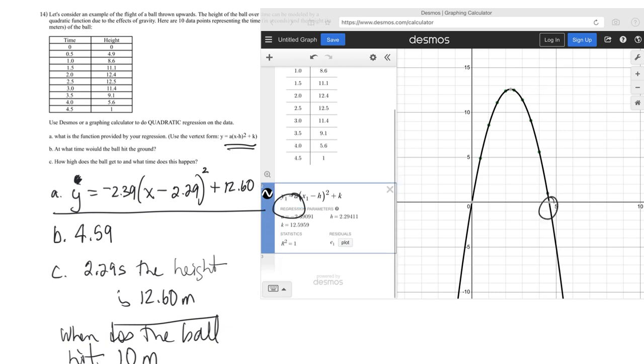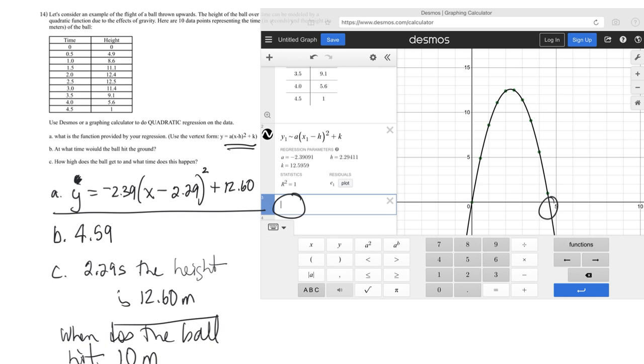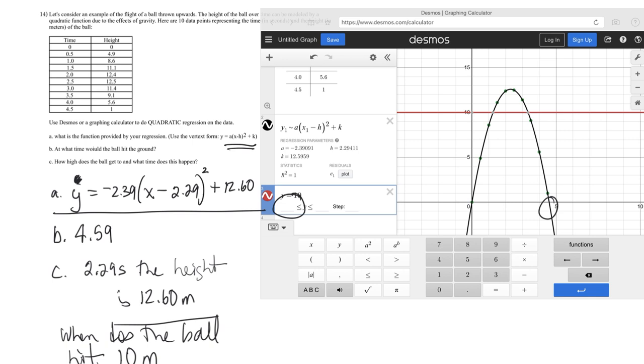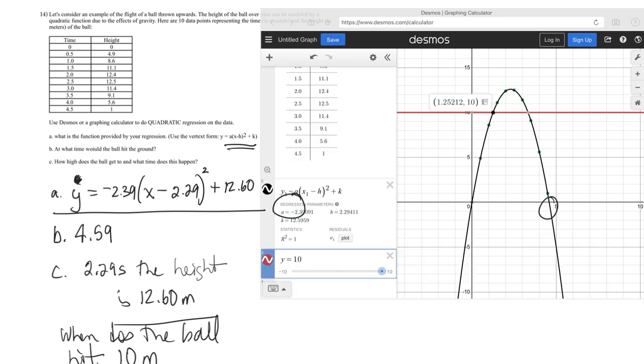If you go in there and just below the graph, type the line y is equal to whatever height they want, 10. And it puts a line there at 10, and then you can just tap. So at 1.25 seconds, it reaches 10, and on the way down at 3.34 seconds, it also reaches 10.